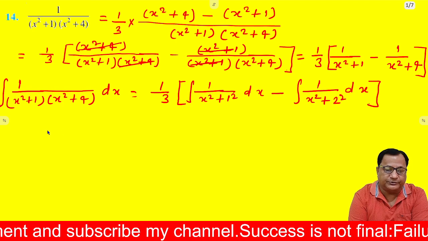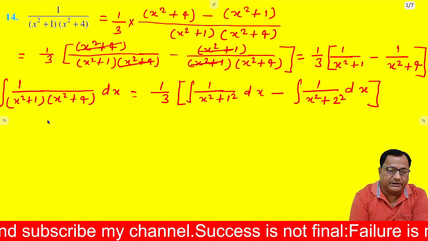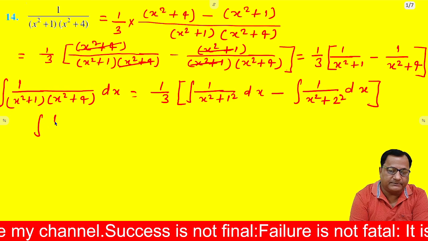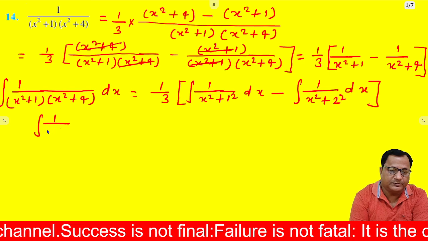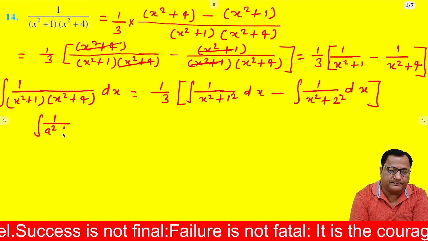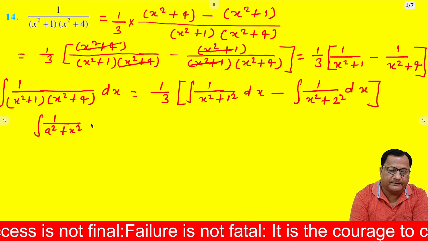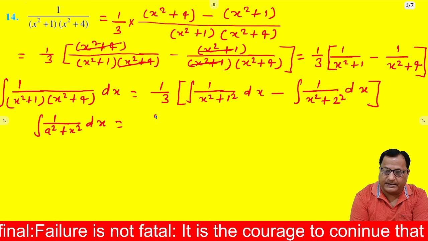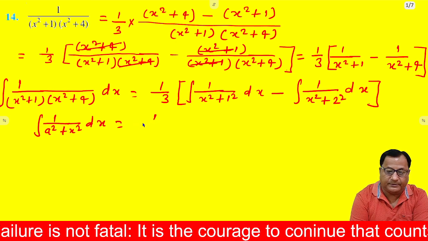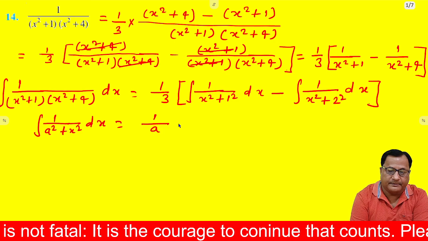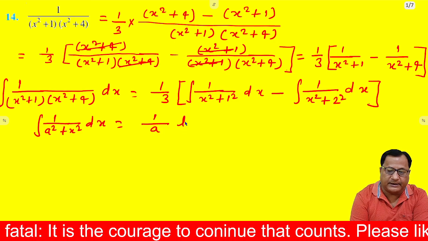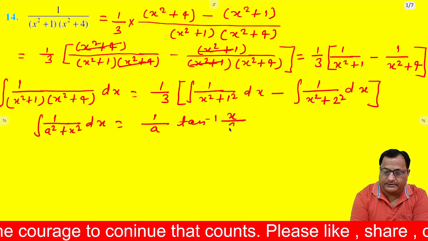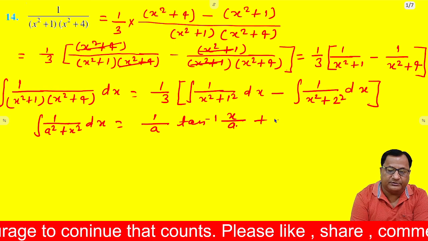Now we will use the formula: the integration of 1 by a square plus x square dx is equal to 1 by a tan inverse x by a plus c.